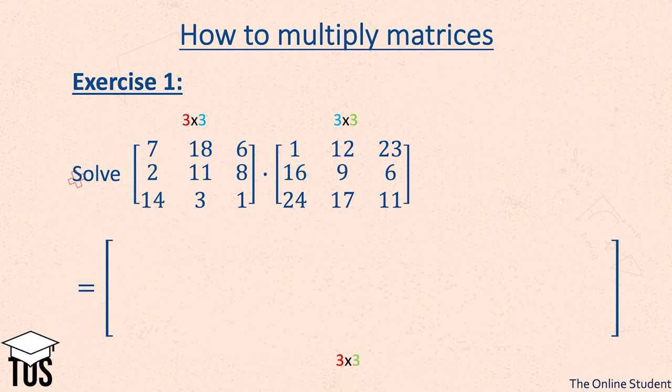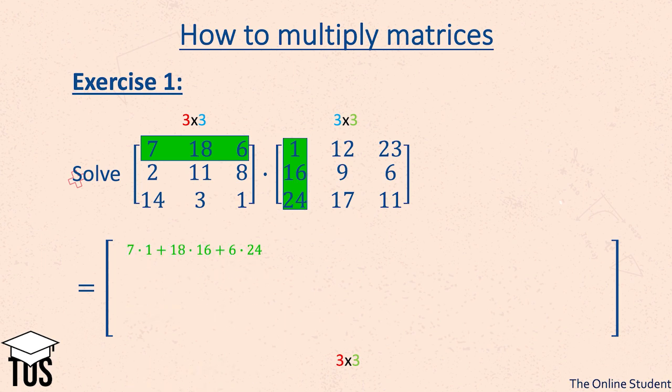Okay, now let's get into it and multiply these two matrices. As I said before, we are going to take a look at every possible combination of rows of the first matrix with columns of the second matrix. Now let's take a look at the combination of the first row with the first column. Okay, we are going to multiply these two as usual.